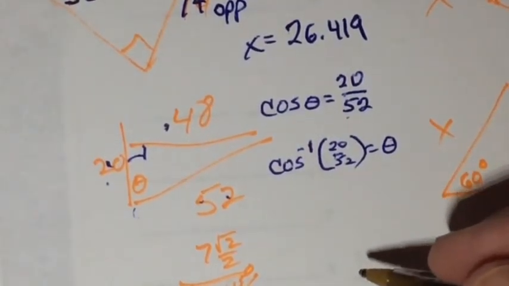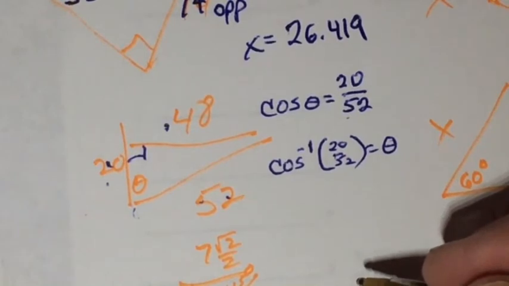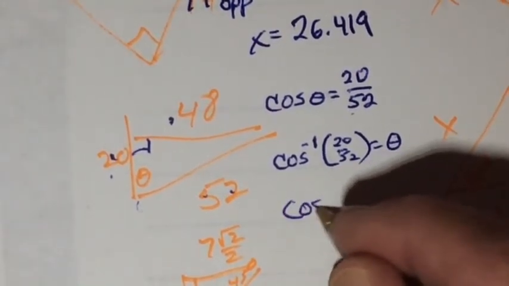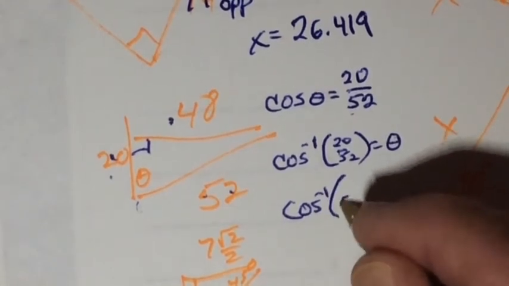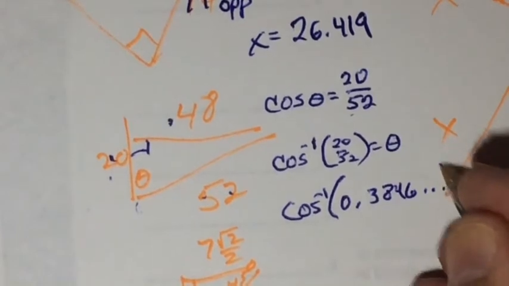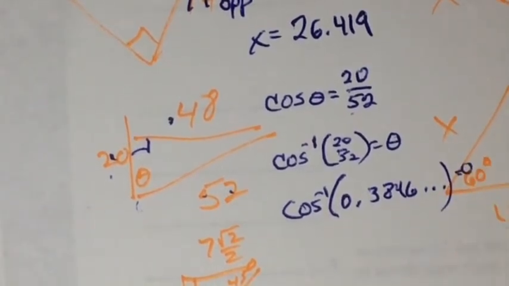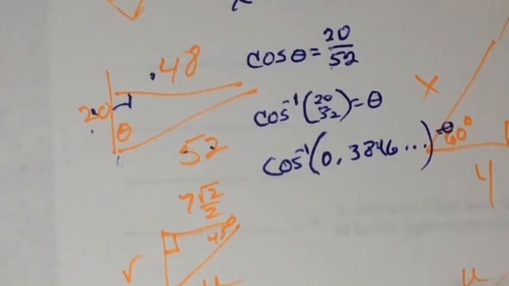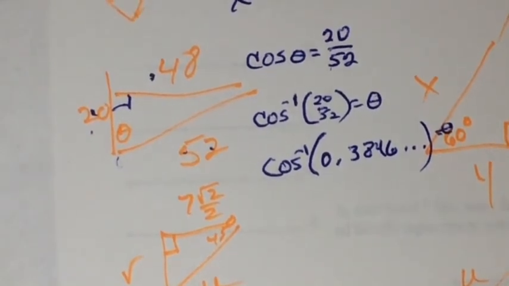Just quickly figuring out what this is as a decimal, 20 divided by 52, this looks like it's 0.3846 blah blah blah equal to theta, and the inverse cosine of that is 67 degrees.